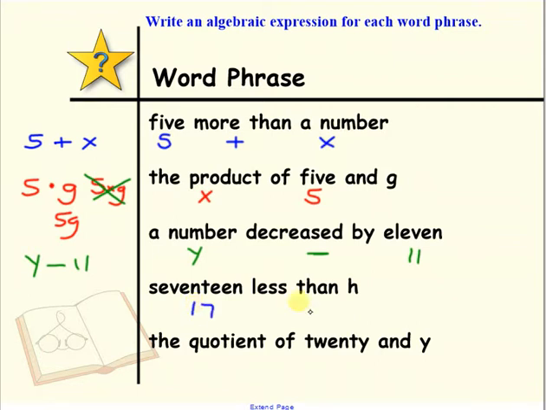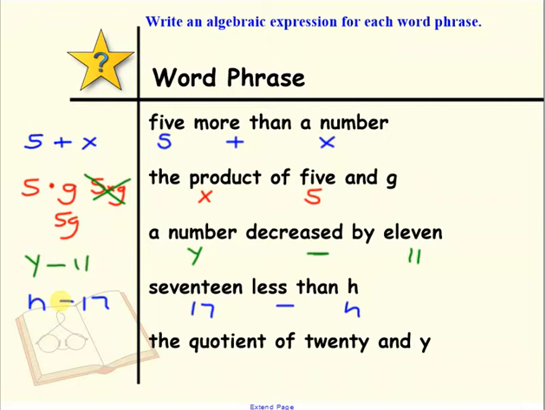17 less than, so that's minus, h. Oh, here's the perfect example. Okay, so I have 17 minus h. That's when I write it out. But the problem says 17 less than h. So I have h over here, and I'm taking away 17 from it.